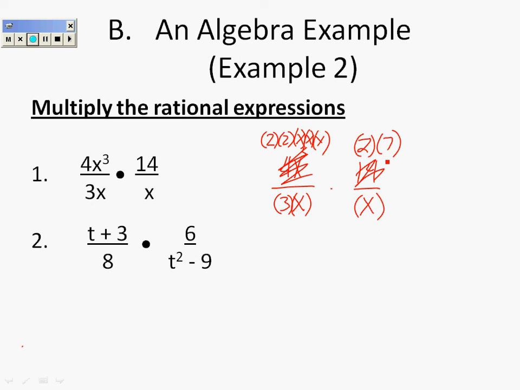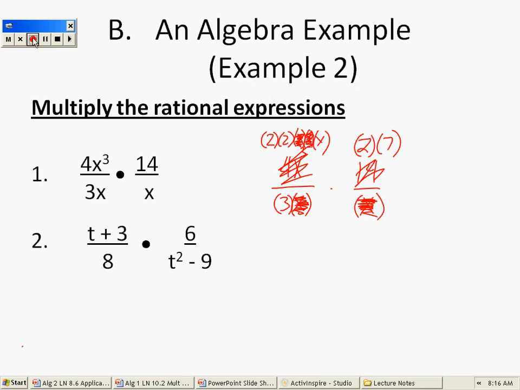Yeah. So we can cross off an x. One x off of the top and off of the bottom. Moving along, the next one is x. Is there another x on the top? There is. It's in the other fraction, but that's okay. That's the beauty of multiplication. It doesn't matter what fraction they're in. All right, so we got everything crossed off that we possibly can. So let's go ahead and see what's left then.